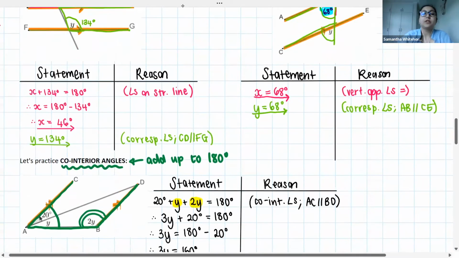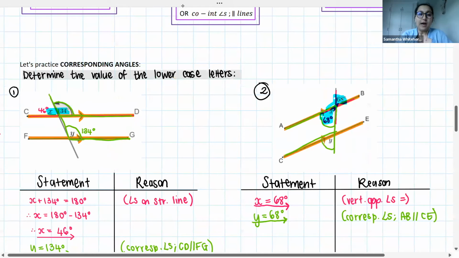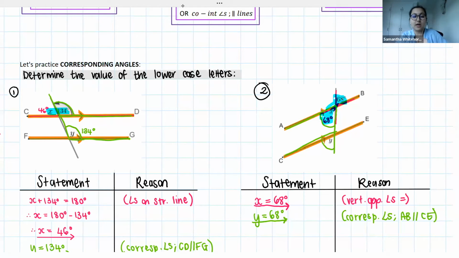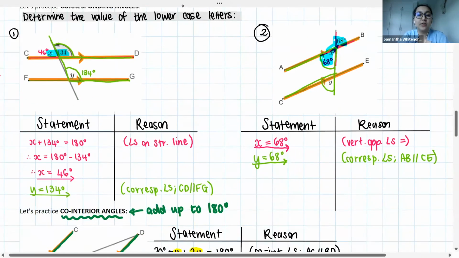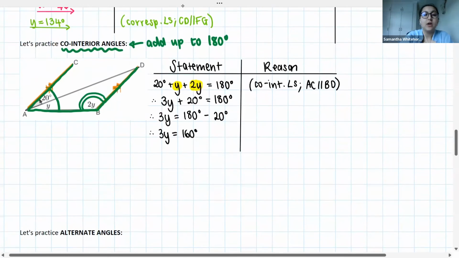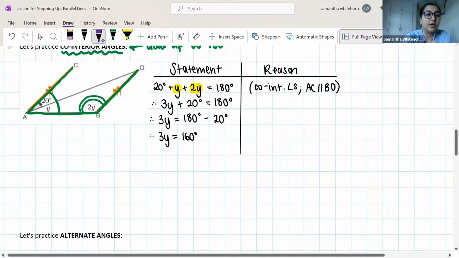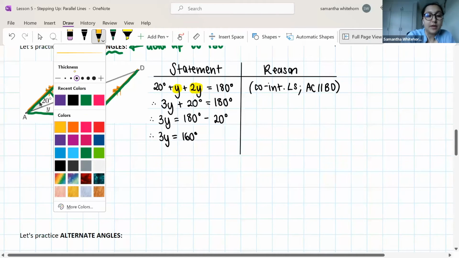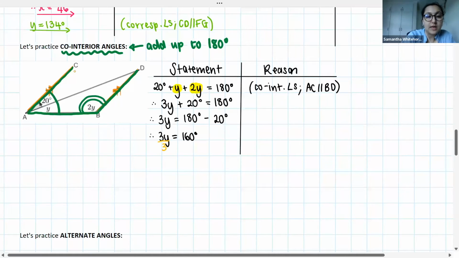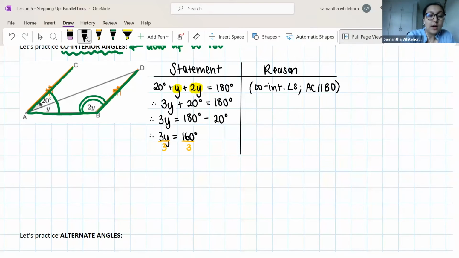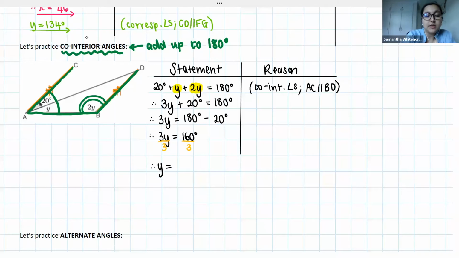Now, guys, remember, if we just quickly scroll back up, I asked you to find the value of the lowercase letters. That is our goal. So we are solving for Y here. What that means is that I still need to go and divide both sides by 3 because that will allow me to get Y alone. And so Y is equal to 160 divided by 3, which is 53.33.